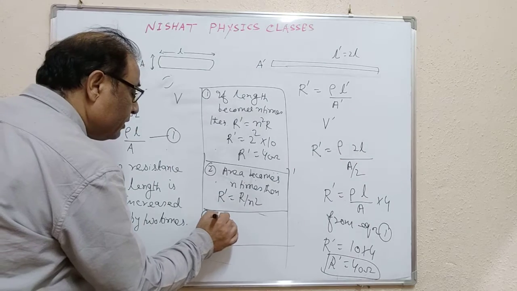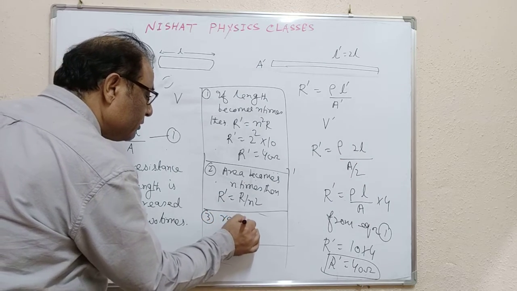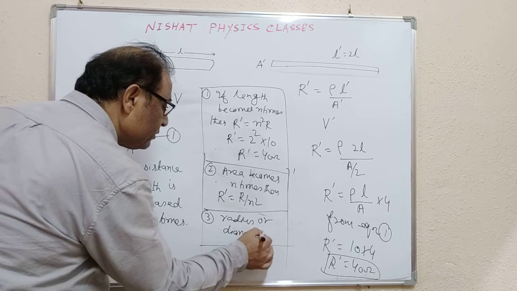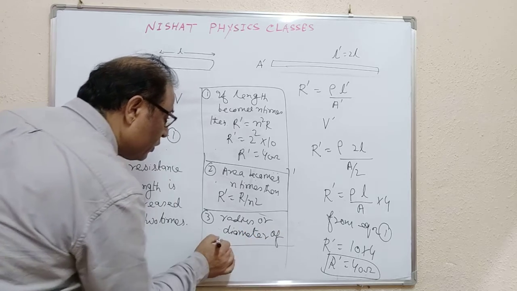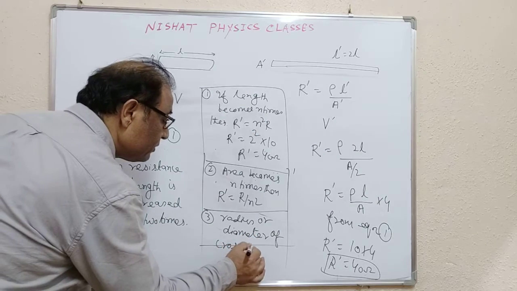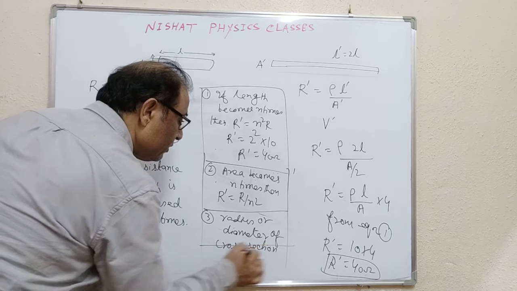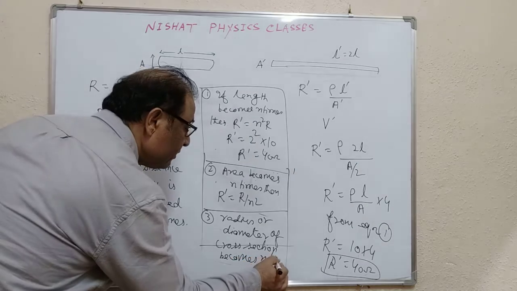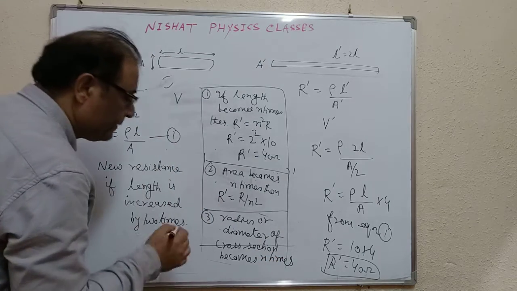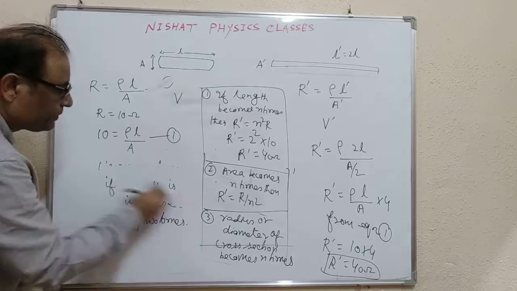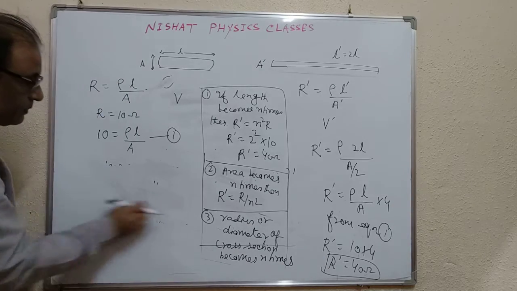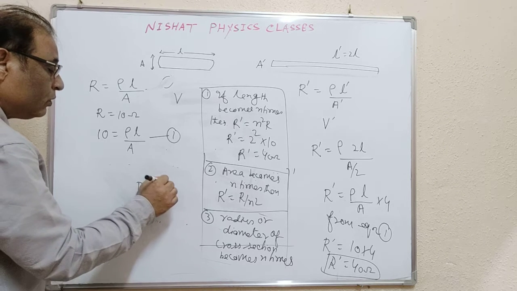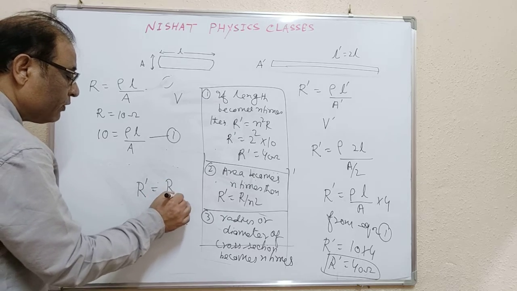Third, if the radius or diameter of the cross section area becomes n times, then the new resistance R dash equals R upon n to the power 4.